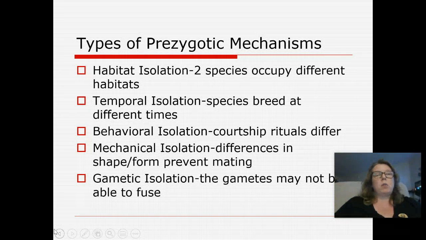Also, you can have temporal isolation. This is going to be a major issue in the future with global warming, because as global warming changes seasons in certain places, what happens is you're going to change the reproductive cycles of some groups of organisms within the species, while others may change differently.